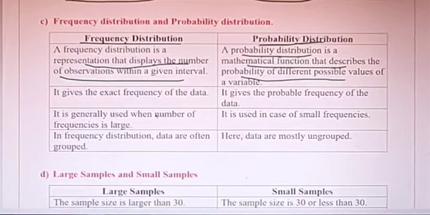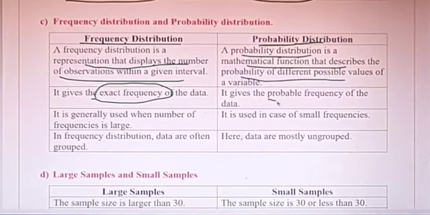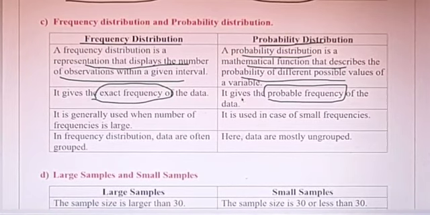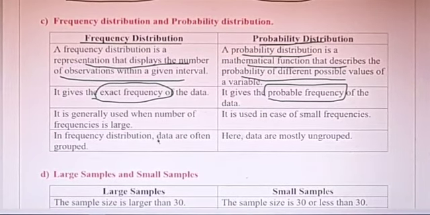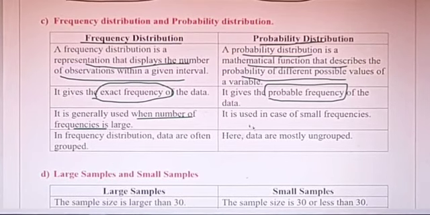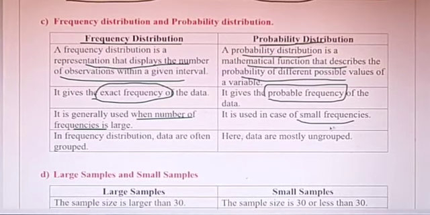Frequency distribution gives the exact frequency of the data, whereas probability distribution gives only a probable frequency of the data. Generally we use frequency distribution when the number of frequencies is very large, and in case of small distributions we use probability distribution.